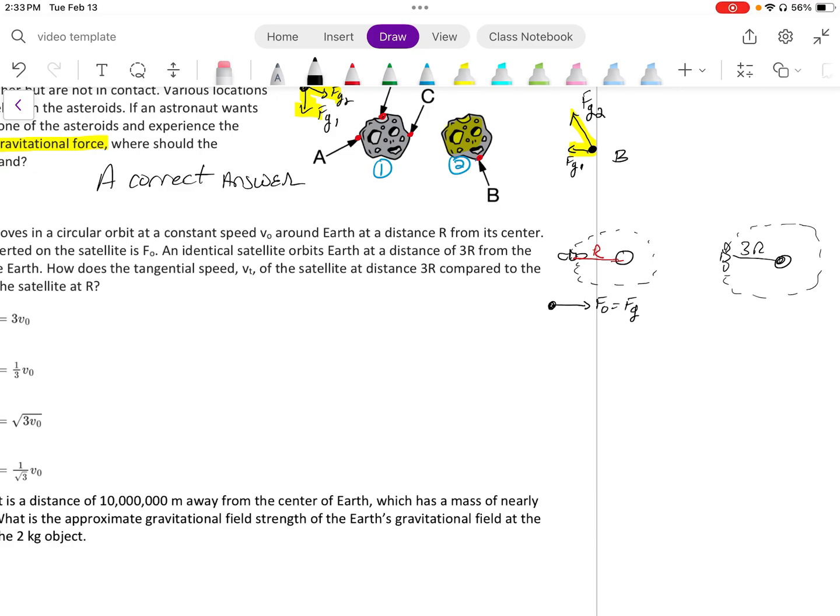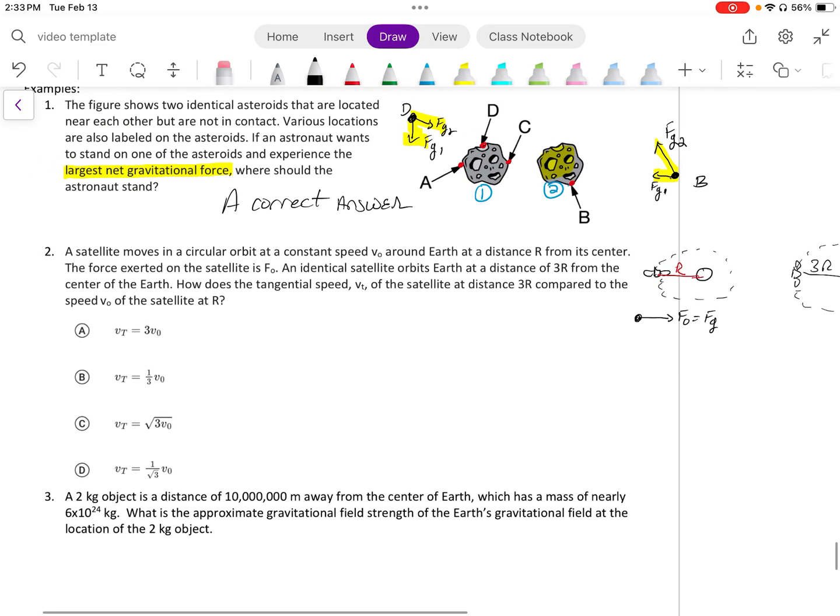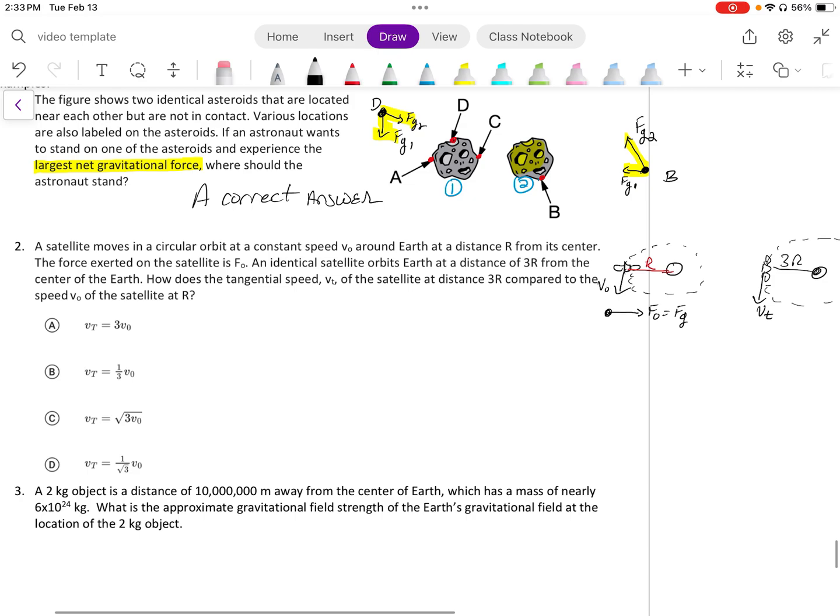How does the tangential velocity of the new one compare? Here's the velocity in the tangential direction, and the velocity they told us is v0. Look at all the answers. The velocity of the new one is equal to some factor times the velocity of the old one. I'm going to work on the Earth one first.